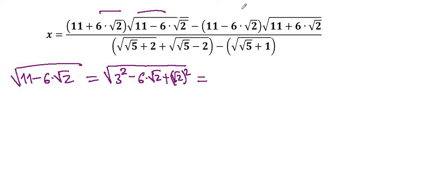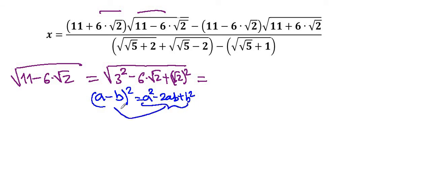And this is a perfect square. As we see, this fits the formula (a minus b) squared is equal to a squared minus 2ab plus b squared, right?